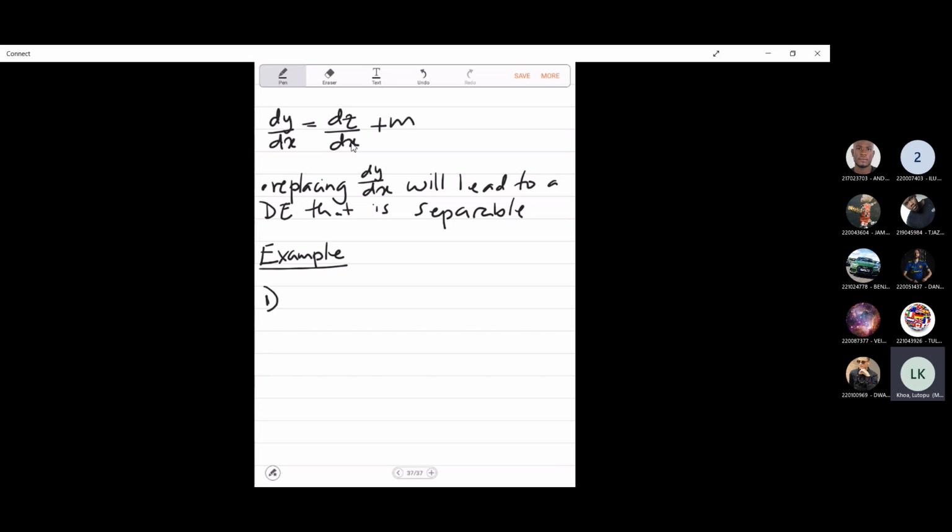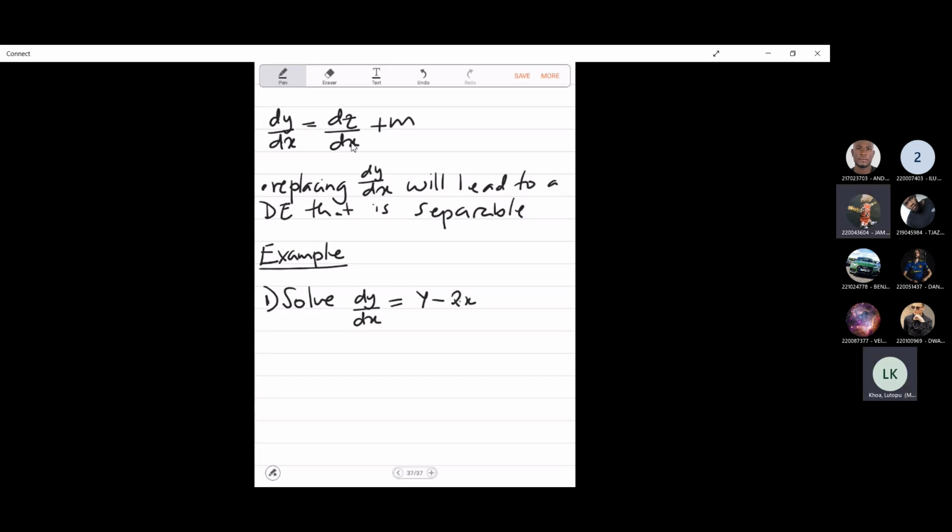Number one, we have to solve dy/dx, which is equal to (y minus 2x minus 4) divided by (x plus 2y plus 7).